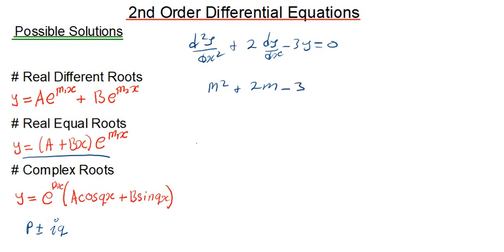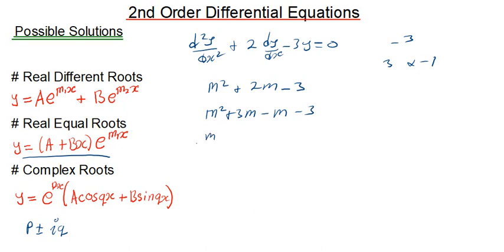Here we observe it's just a matter of factorizing. The product is negative 3, the sum is 2, so you are simply saying 3 multiplied by negative 1 giving us negative 3, then plus 3 minus 1 will give us plus 2. So that is m squared plus 3m minus m minus 3.